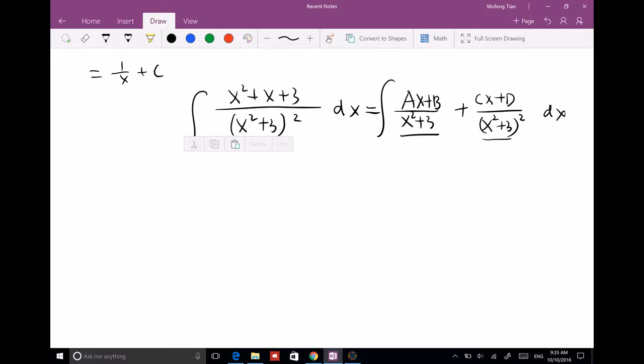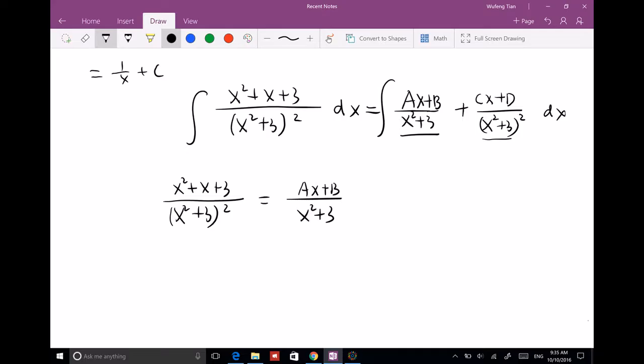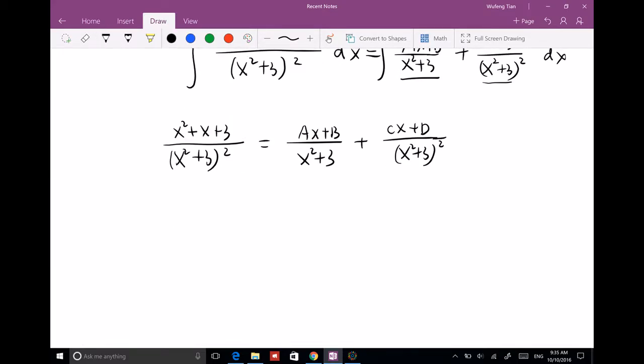Good. So now our job is finding a, b, c, d. What do we have? x squared plus x plus 3 over (x squared plus 3) squared equals (ax plus b) over (x squared plus 3) plus (cx plus d) over (x squared plus 3) squared. Okay, since Lacey has answered my question here, Lacey, would you please continue, how would I find a, b, c, d?